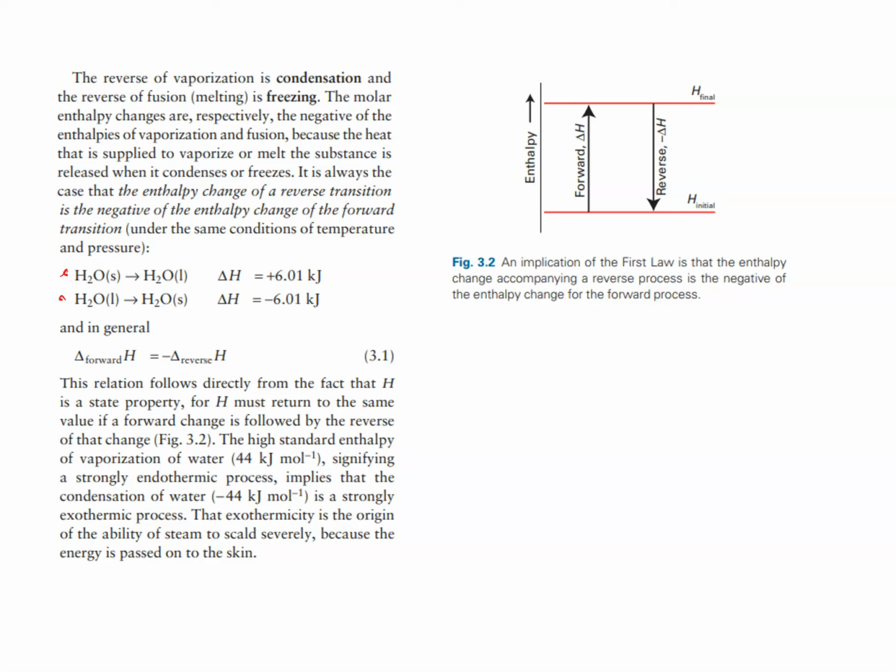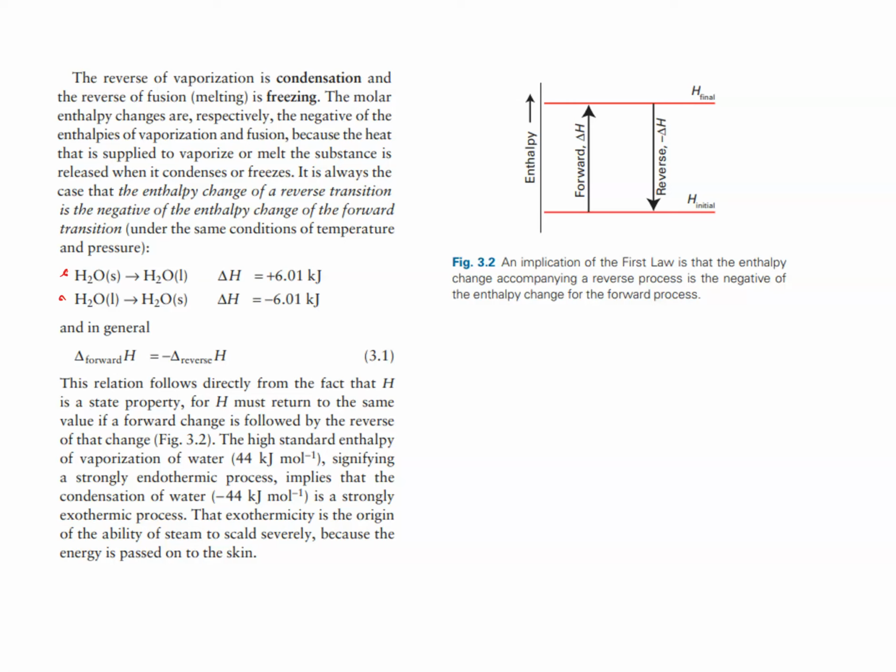So generally, the delta H for any forward process is going to equal the negative delta H of the reverse process. This relation follows directly from the fact that enthalpy is a state property. Enthalpy must return to the same value if a forward change is followed by a reverse, regardless of the path that follows. And we see that in figure 3.2 over to the side here.